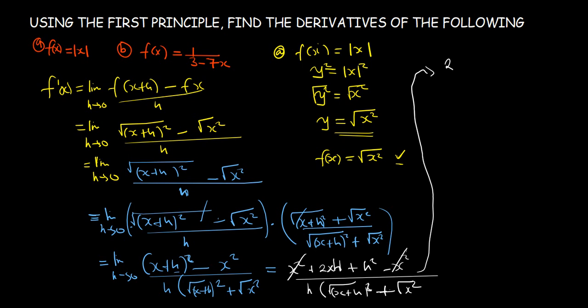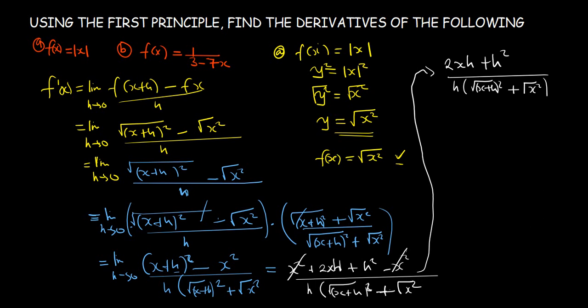You always write limit as h approaches something. So I remain with 2xh plus h squared, like that, over h open bracket, root of (x plus h) squared, then plus root of x squared, like that. Now from there, I'll factorize.